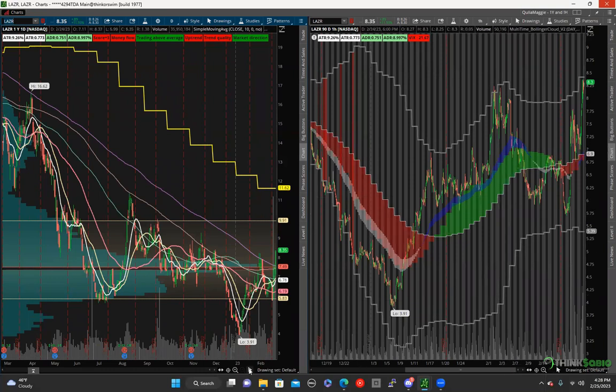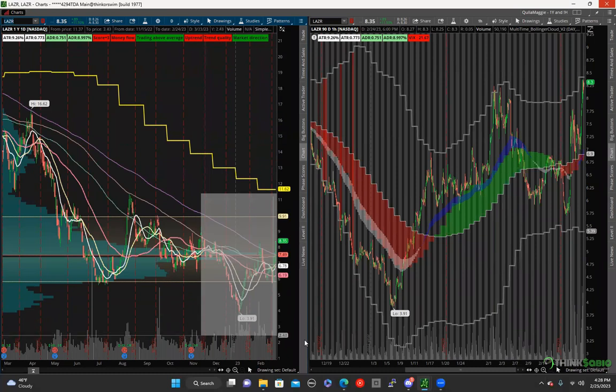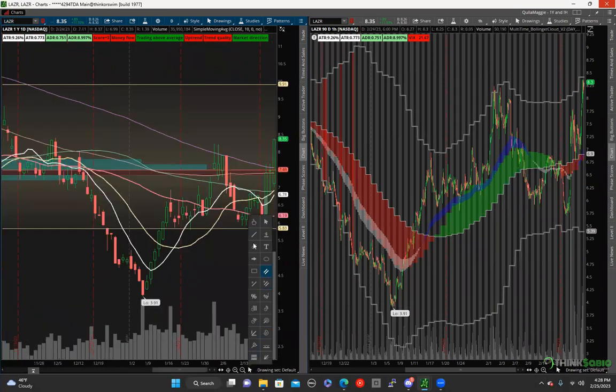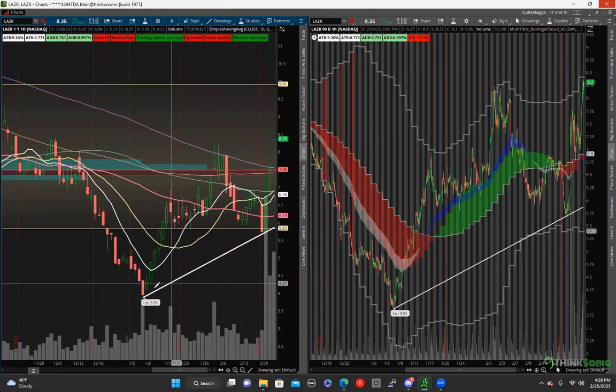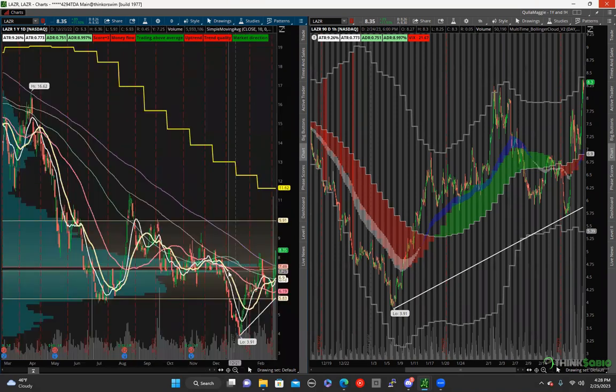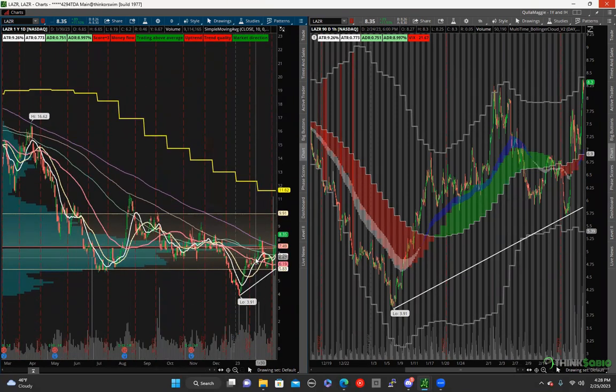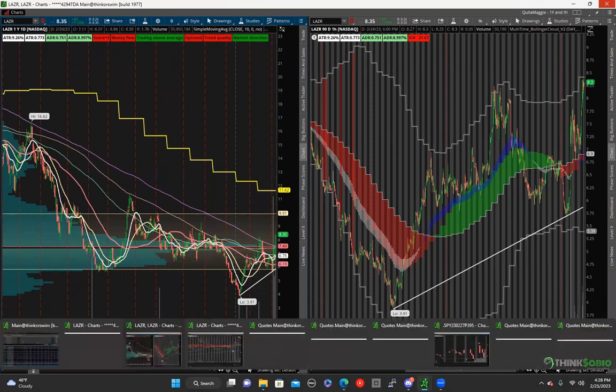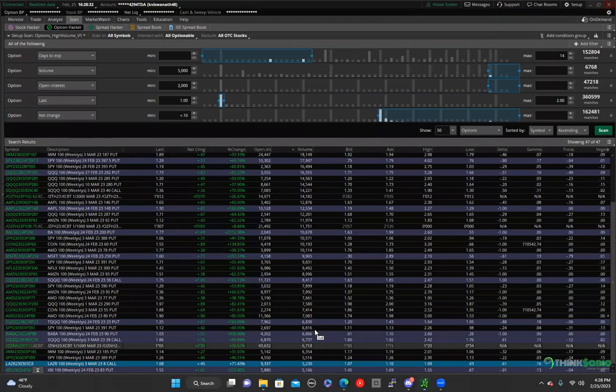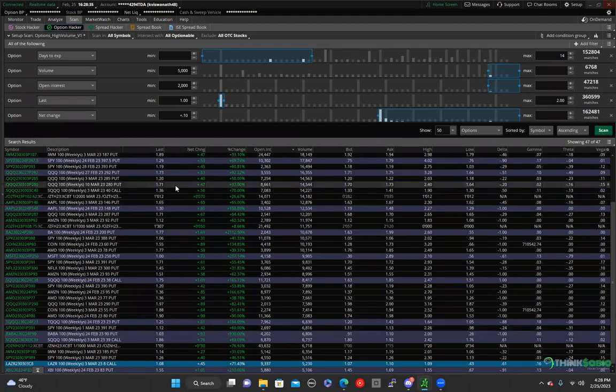But if you look at it, it's making nice higher lows here, so it's actually going in a good pattern. Maybe worth watching. Maybe it's going to just blast off from here. We don't know, but that's how we connect the dots between the stocks and options.